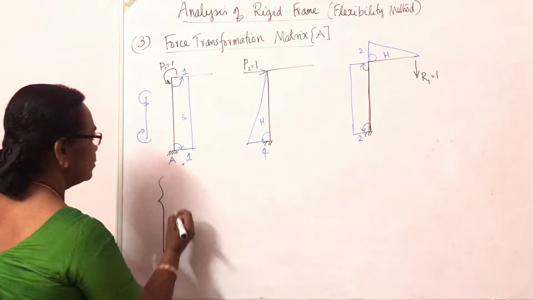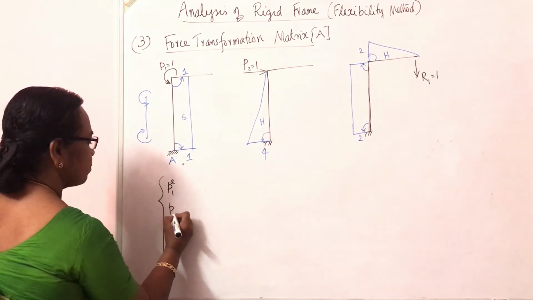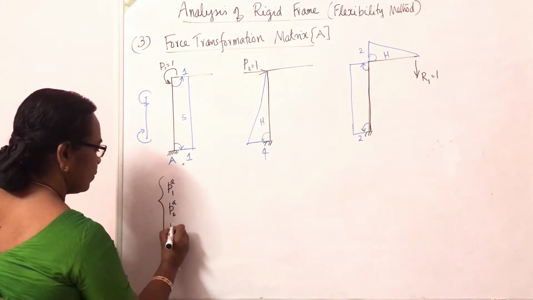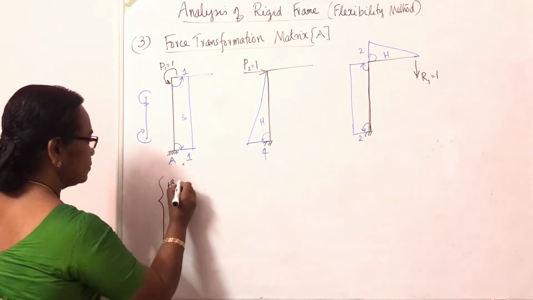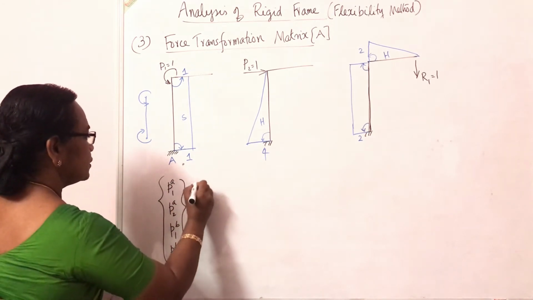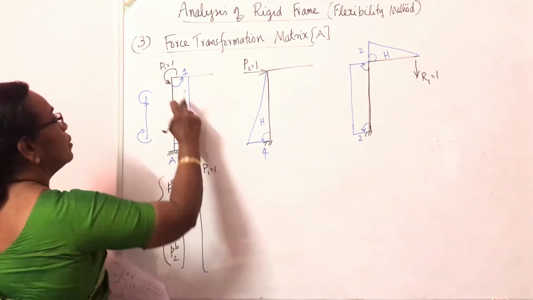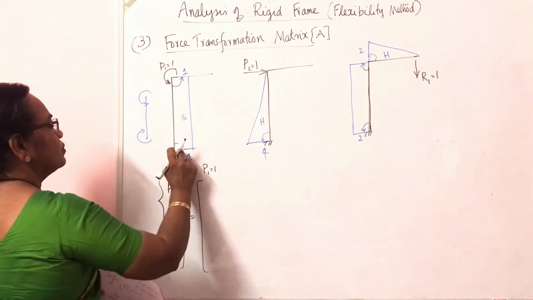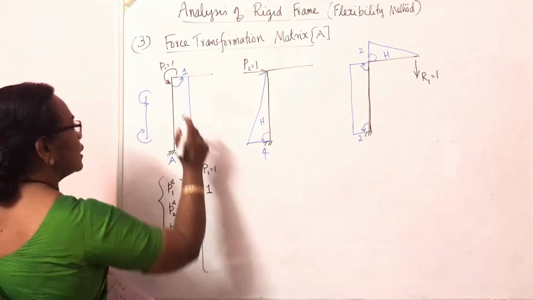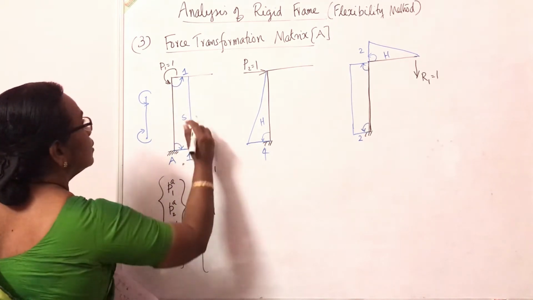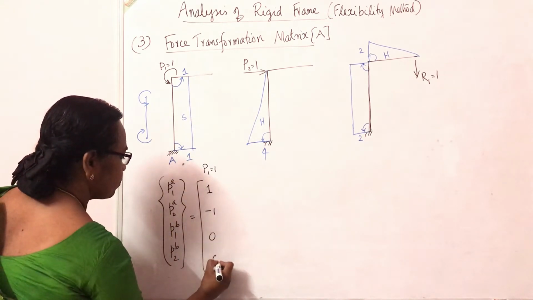force transformation matrix. There are two elements, P1 of A, P2 of A, P1 of B, P2 of B. By applying capital P1 external load unit value here, the first end of the first element is plus 1, and the second end is minus 1. For element B, both are 0, 0.